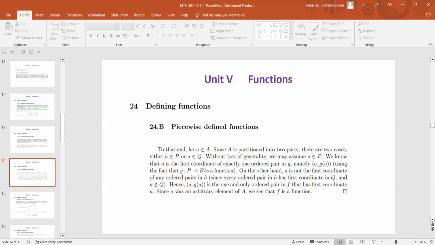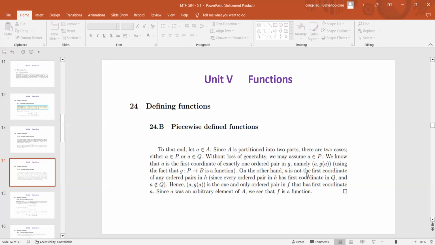Because a is the first coordinate of exactly one ordered pair in G, remember when a is in P, G is defined from P to B, namely (a, Ga). We use the fact that G is from P to B and it's a function, so it is the first coordinate of exactly one ordered pair in G.